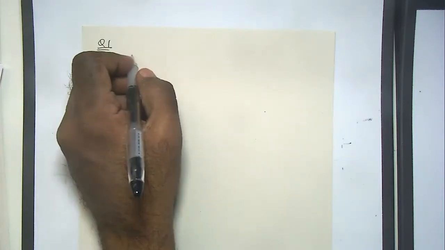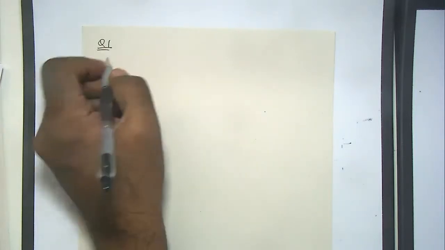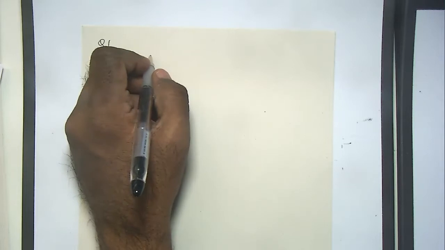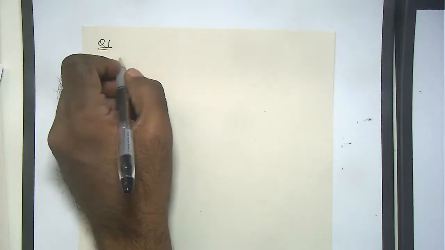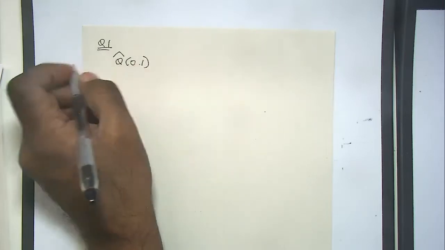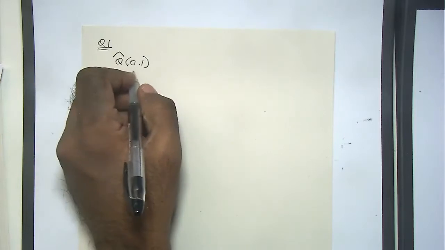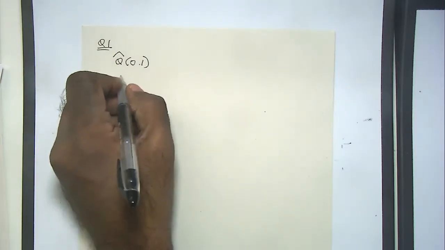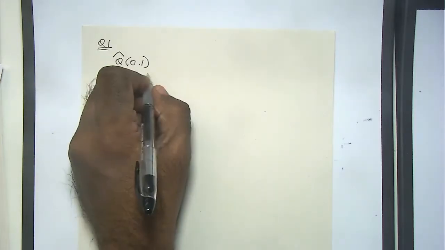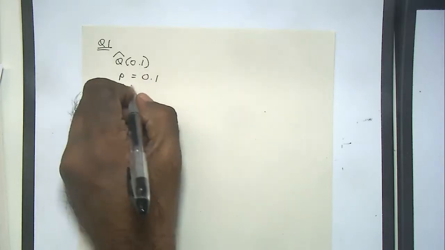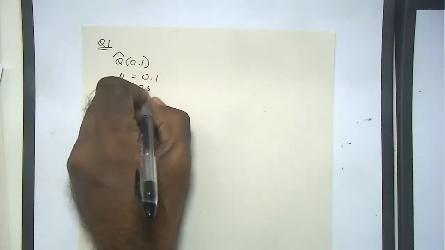Question 1: find the quantile at 0.1, 0.25, 0.5, 0.75 and 0.9. Let's start with 0.1. You remember the formula I gave you in the lectures. Here your P is 0.1, your N is 25.